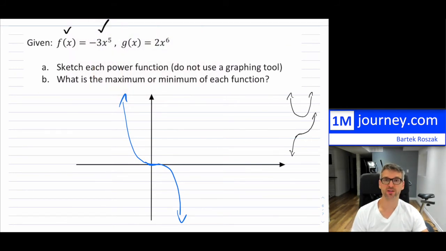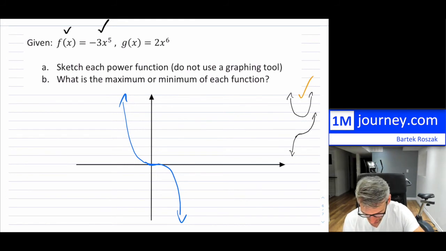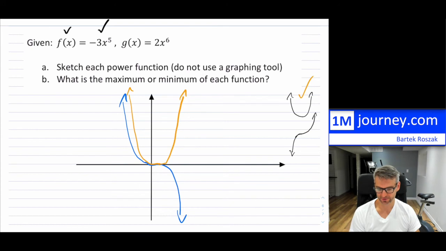So it is to the 6th order, so it's even, and in front of it is a 2. So it's basically going to look like that, except it's going to be kind of really squeezed in here at the bottom, okay, and really pushing out right there. All right, so that's what we have. So that's the sketch of those two.